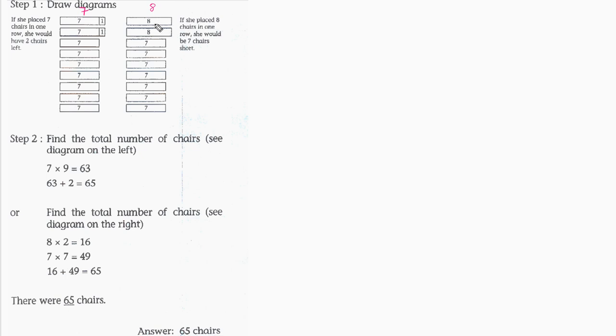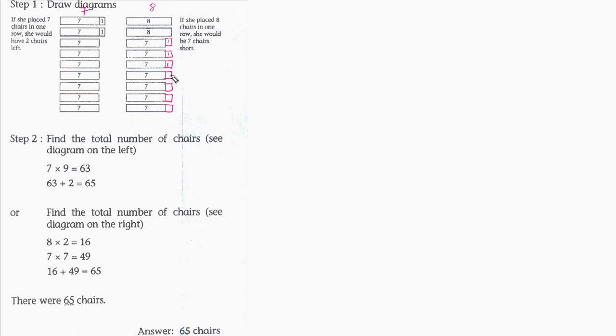If we did have rows of 8, we would end up with 7 chairs short. Now, you see it has 7 in here, but this is where we've got the 7 chairs short. So this is 1 and this is 1. Okay, so this is 2 chairs short, 3, 4, 5, 6, 7.